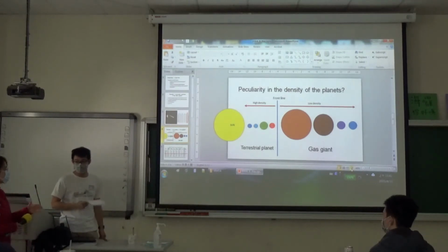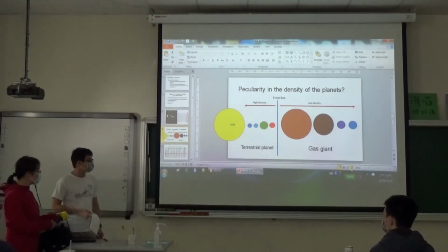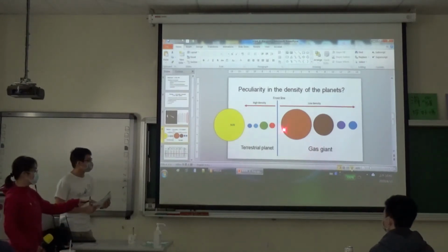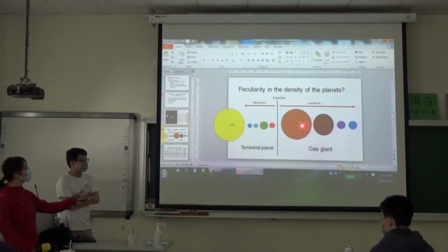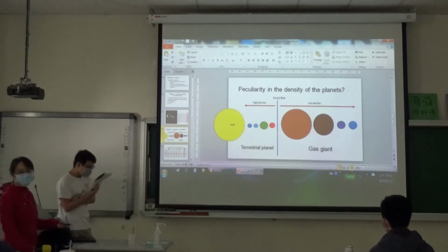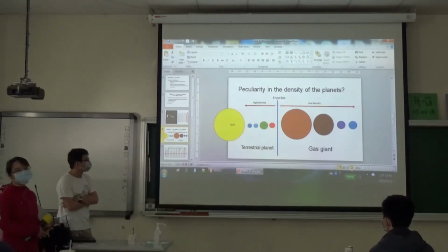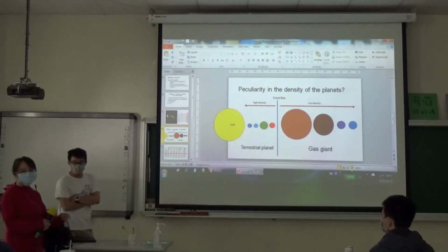My own guess is because it's already big. This is Saturn. This is Jupiter, and Saturn is already beyond the frost line. So if the solar wind blows the volatile contents away, when the temperature drops below the freezing point, there will be ice precipitating right away.